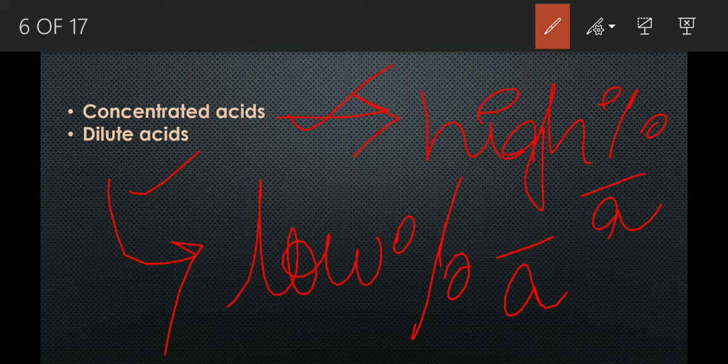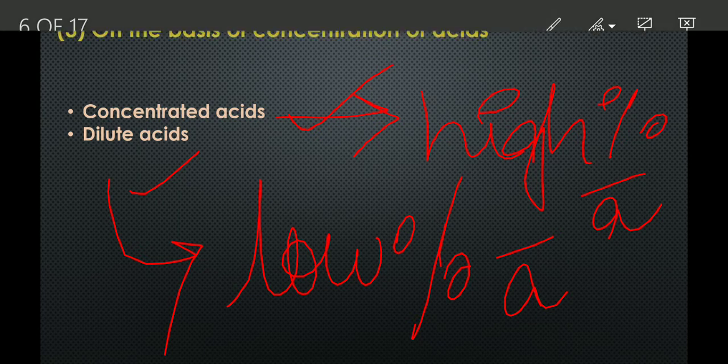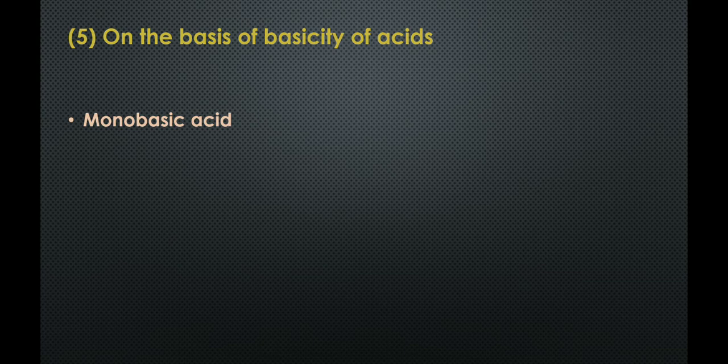Okay, this is the basic difference between concentrated acid and dilute acid. In aqueous solution, concentrated acids will have high concentration or high percentage of acid, and dilute acids will have low percentage of acid. Okay, next is on the basis of basicity of acids.